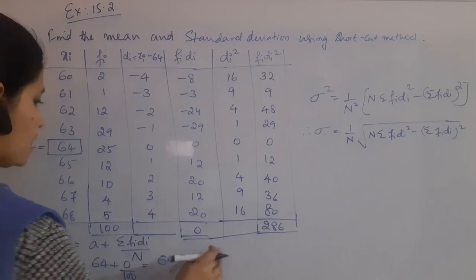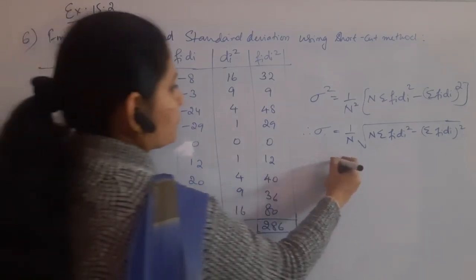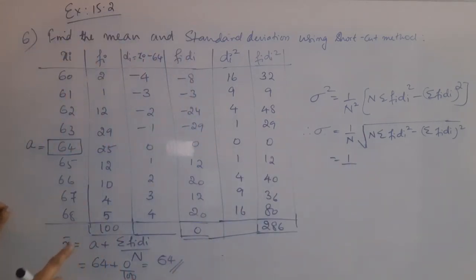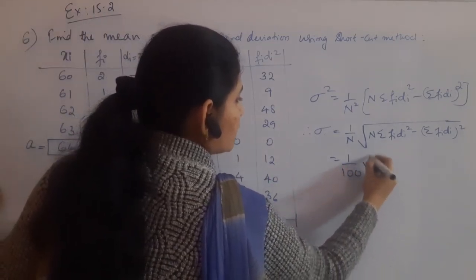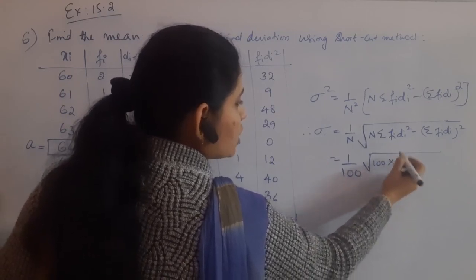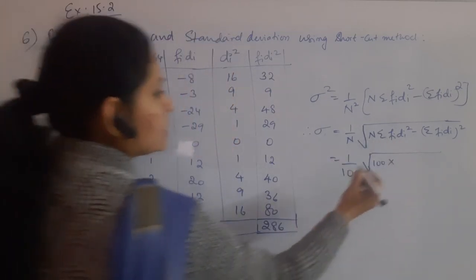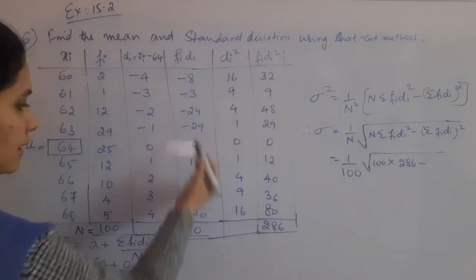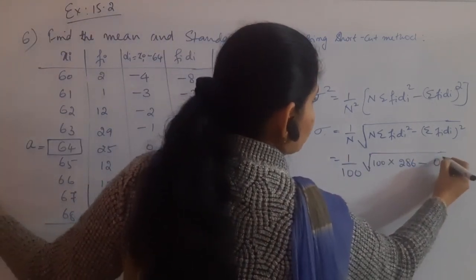Okay, now we will replace these values. Here again 1 by n, and this is your n, which is 100, into root of n into sigma fi di square, this is 286, minus sigma fi di, which is 0, so 0 square.